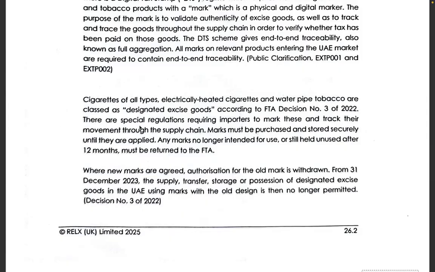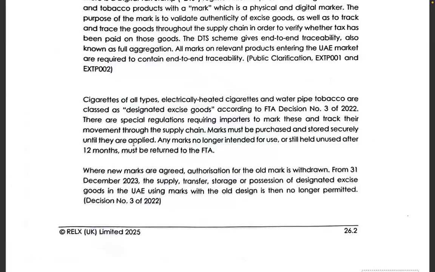There are special regulations requiring importers to mark these and track their movement through the supply chain. Marks must be purchased and stored securely until they are applied.